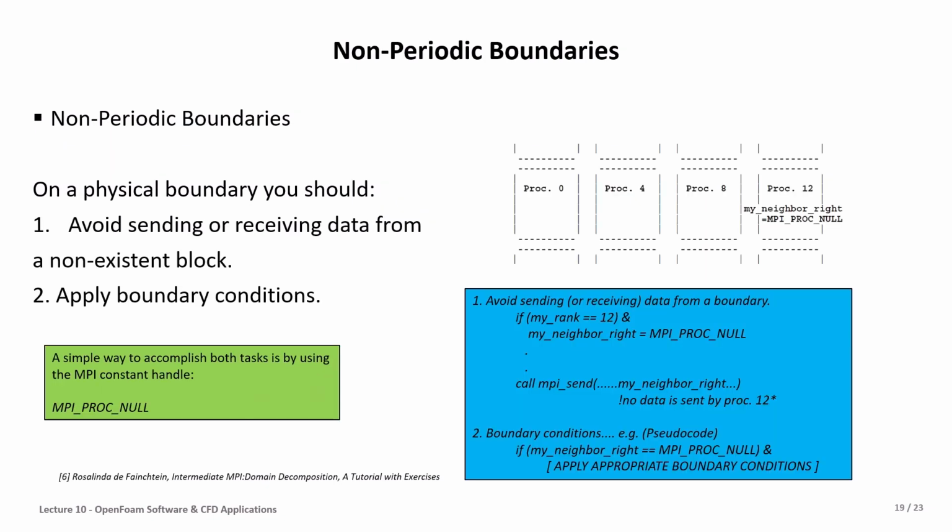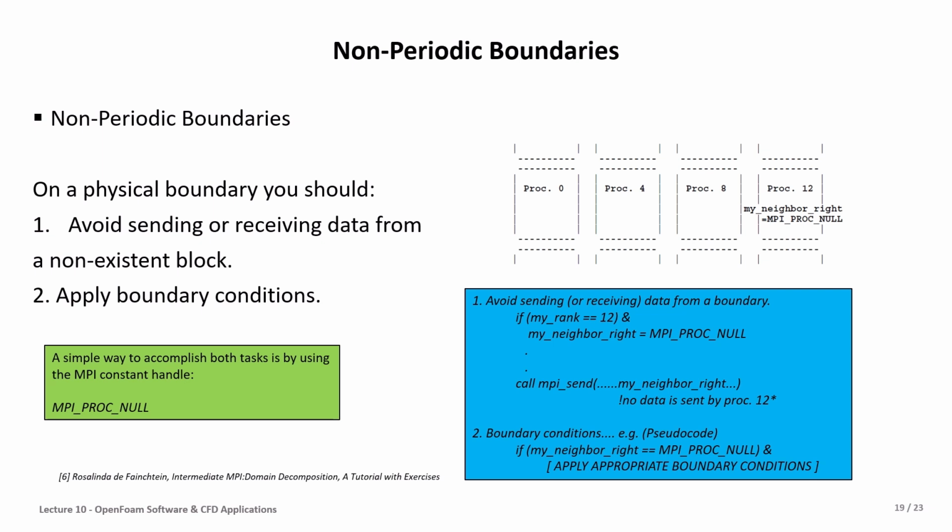In non-periodic boundaries, we behave differently for the setup for the processor. If we assume the same example that we had in the previous slide, processor 12 doesn't have a neighbor on the right-hand side. So we should mention that there is no information from the non-existing block.